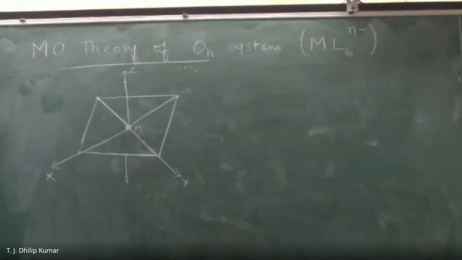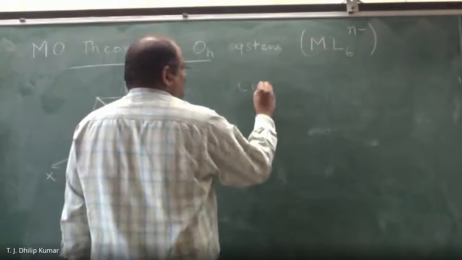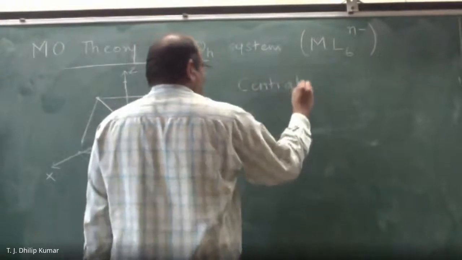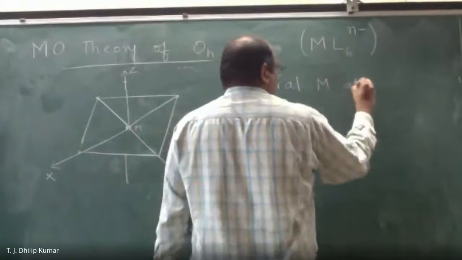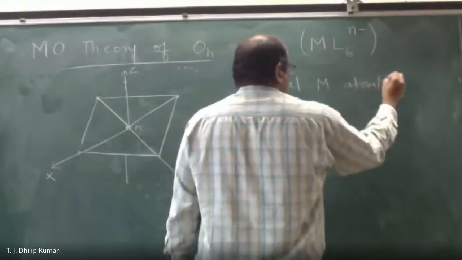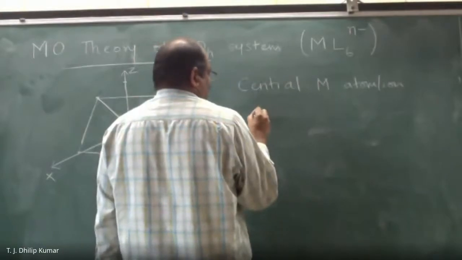So we apply the method called symmetry adapted group orbitals. We separate the problem into 2 parts: the central metal atom or ion, and then the ligand orbitals.